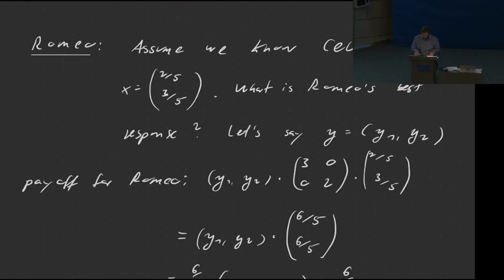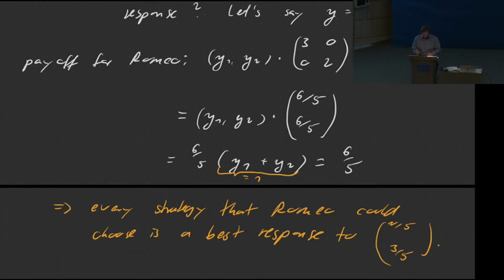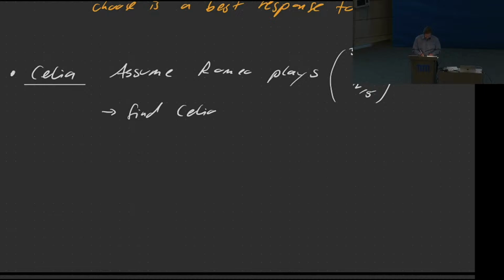From Celia's point of view, of course, things are mostly the same. So let's do this once again, just for practice. If we look at Celia, the claim is almost the same. The claim is, well, if I knew that Romeo is playing this, what is my best response? So Celia would assume Romeo plays 3 over 5, 2 over 5. Find Celia's best response.